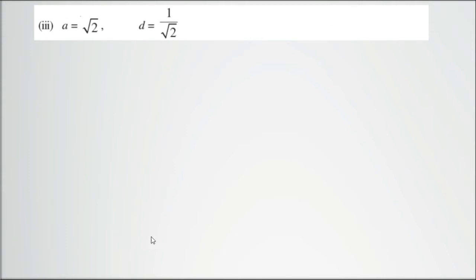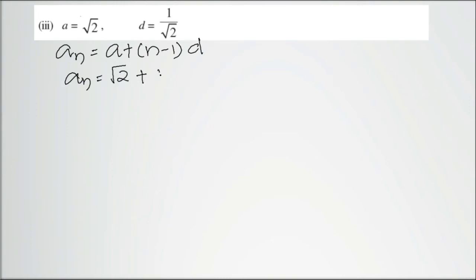Third one, this is the last sub question of the main third question. They have given in terms of root. First term is root 2 and the common difference is 1 upon root 2. Let us find the nth term. It will be a plus n minus 1 into d. Substitute, nth term becomes root 2 plus n minus 1 multiplied by 1 by root 2.